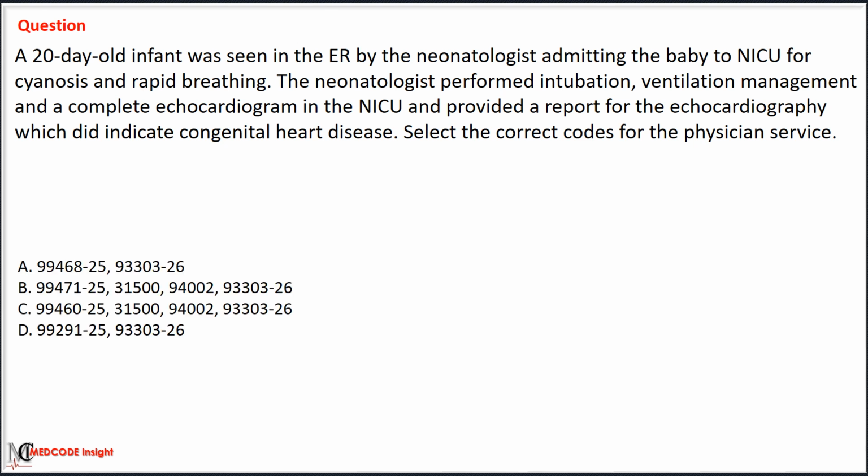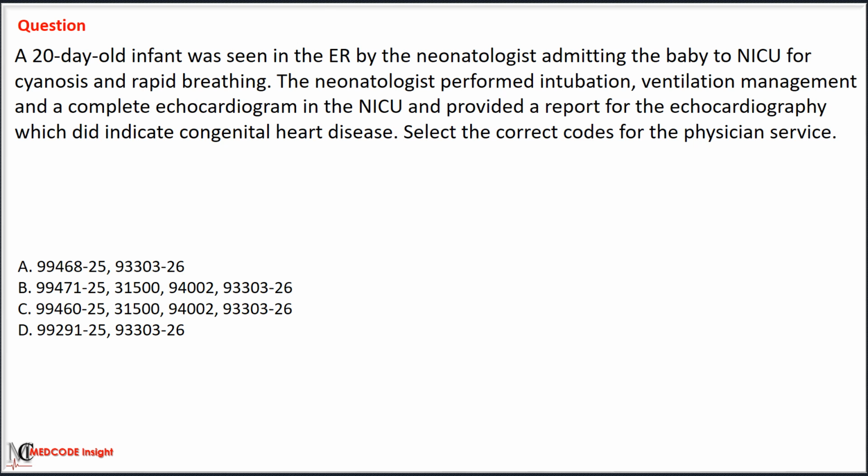Option A with the code 99468 along with modifier 25, 93303 along with modifier 26. Option B with the code 99471 along with modifier 25, 31500, 94002, 93303 along with modifier 26.